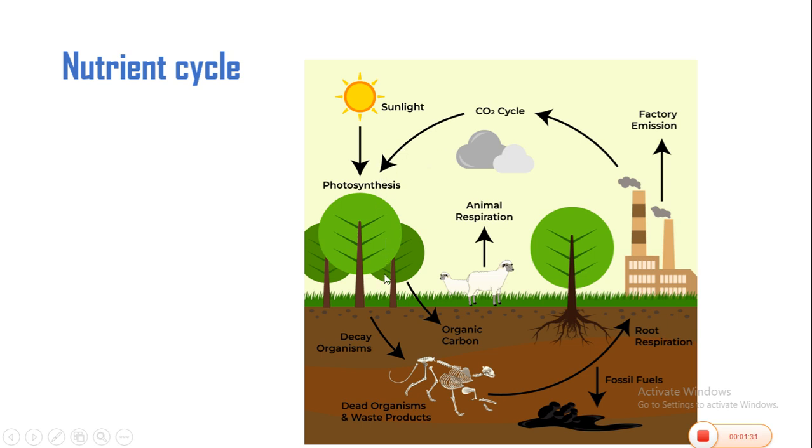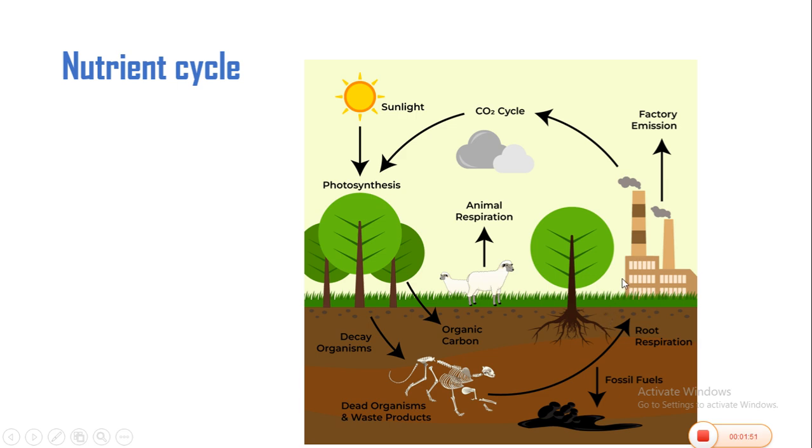The plant sometimes decays and forms fossil fuels. Animals too consume plants and they pass out waste, which also helps in forming the fossil fuel which the industries need. The fossil fuels also help the plants in their root respiration.